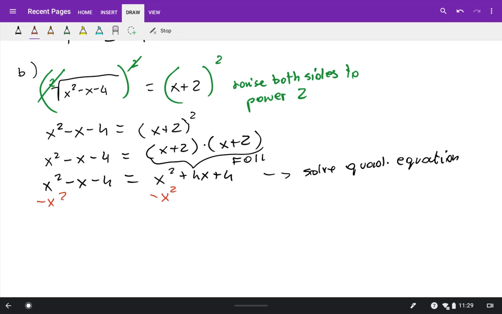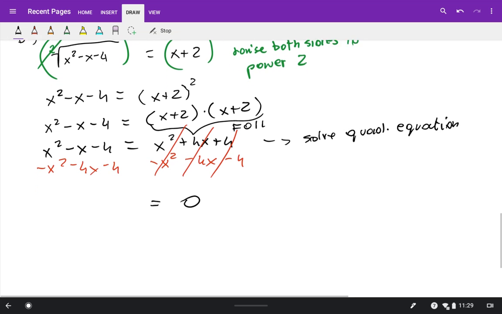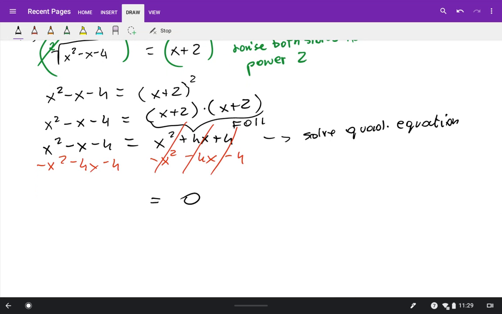We have positive 4x, I will subtract 4x from both sides. You see positive 4, so subtract 4 from both sides. So everything cancels on the right side, and that's what we want. We want to have a 0 on the right side. And then x squared minus x squared will give you 0. Here we have negative x minus 4x, which is negative 5x, negative 4 minus 4, negative 8.